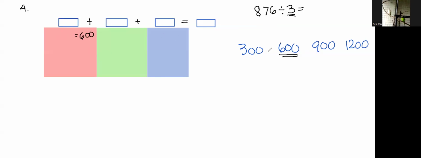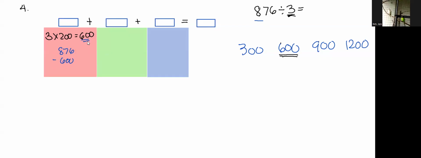Because we're dividing by 3, 600 is 3 times 200, okay? Now we will put the original question, which is 876, and then we will subtract 600.